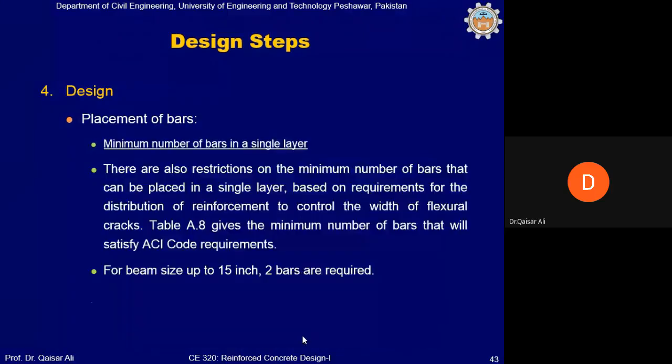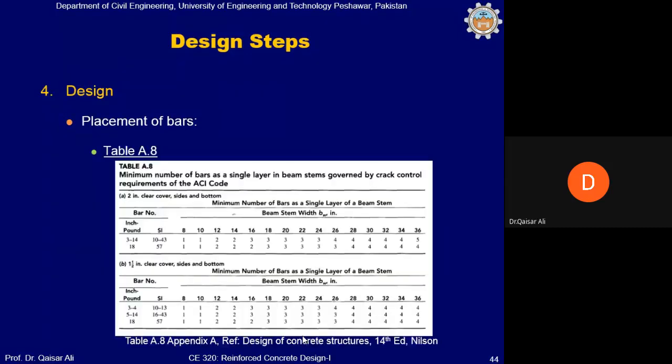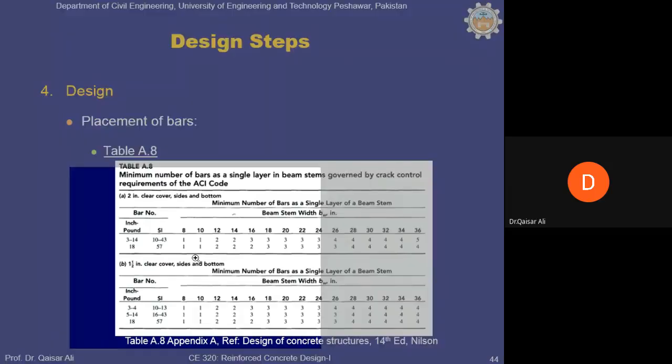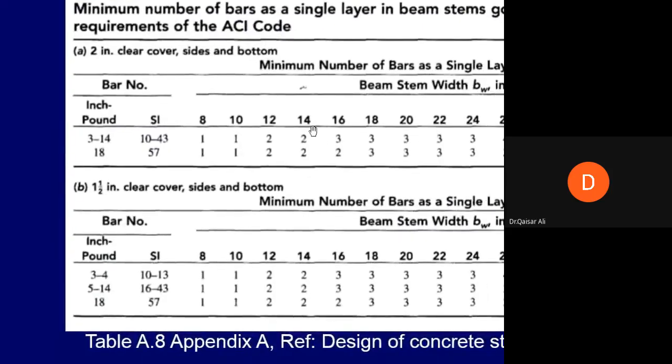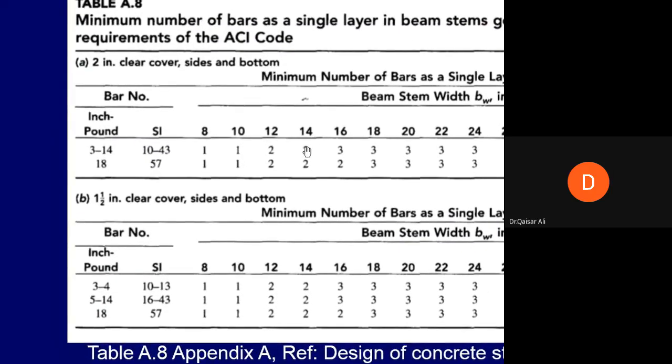Okay, if there are no questions, then last time, if you remember, we were discussing these design steps. Within the design steps, we were talking about the maximum number of bars that can be placed in a single layer and the minimum number of bars that can be placed in a single layer. The minimum number of bars, as per the ACI code given in this table, is that up to 15 inch of beam width, at least two bars must be placed inside the beam.